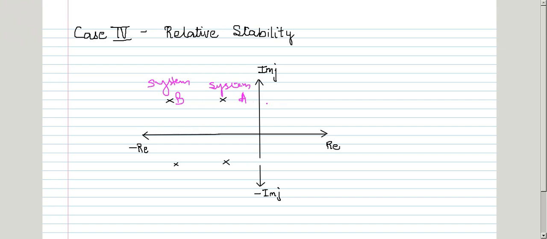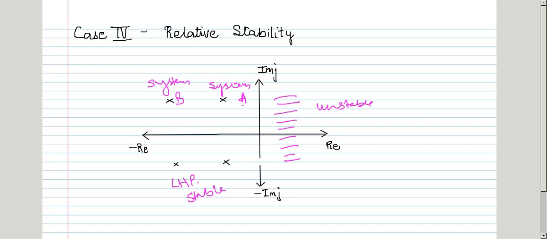As we know very well, if the roots of the characteristic equation, meaning the poles, lie on the right hand of the S plane, then the system is said to be unstable, and the necessary condition for stability is that the roots should lie on the left half of the S plane. Then the system will be said to be stable.